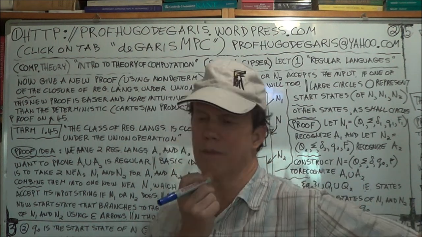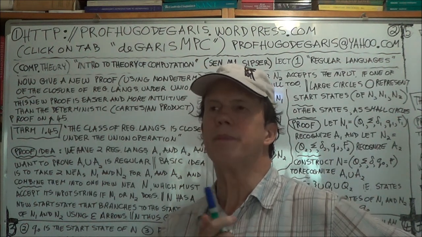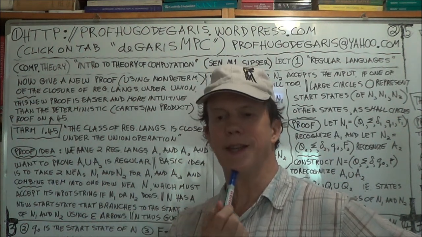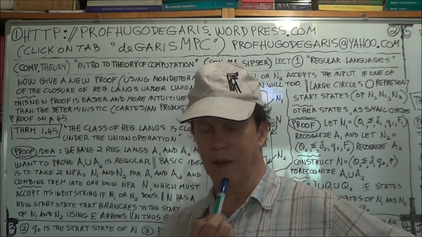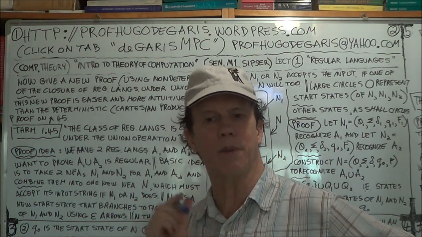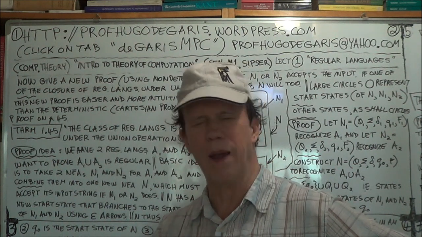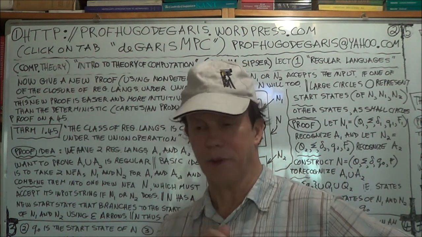Maybe a bit of revision here might be useful. The very concept of closure, remember, speaking generally: you have a set called S, and some operation called P that operates on the members of that set. It might operate on 1 member, or on 2, depending on whether it's a unary or binary operation.